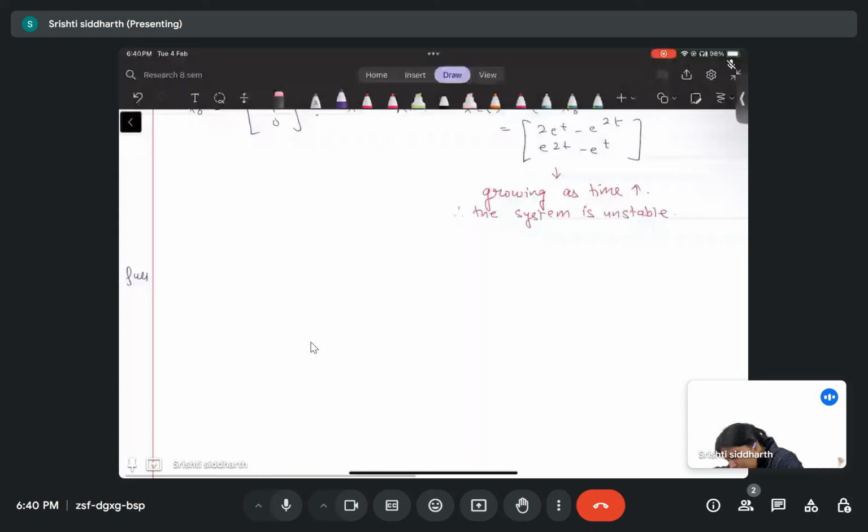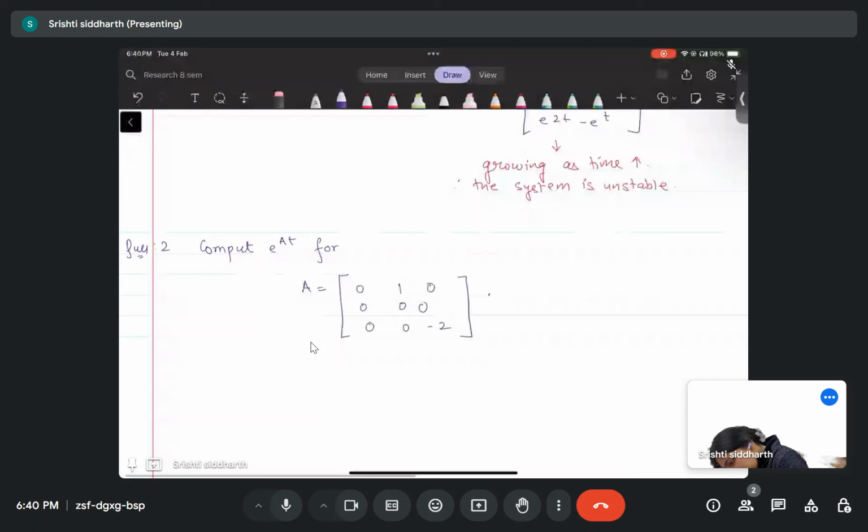First of all, we have to compute e to the power At for A equals 0, 1, 0, 0, 0, 1, 0, 0, 0, 1, minus 2. We have to comment on the stability of the system.